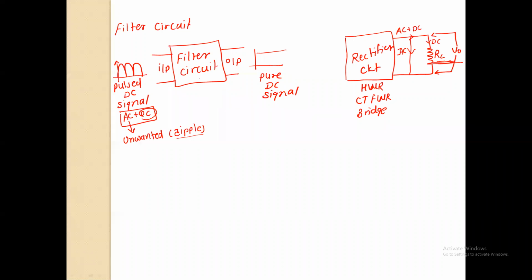Then how is it possible? आता प्रश्न असा पडतो की how is it possible that AC components are bypassed and the DC components are allowed to flow through that RL, and for that we need to learn capacitor filter circuit. Capacitor filter circuit.